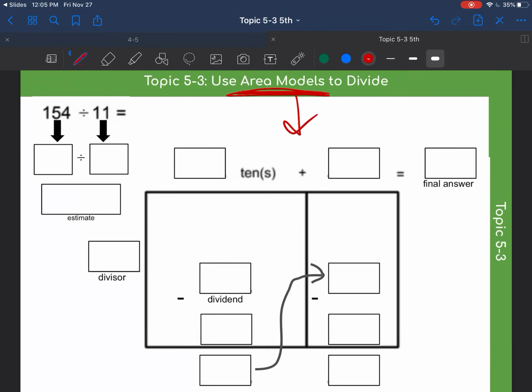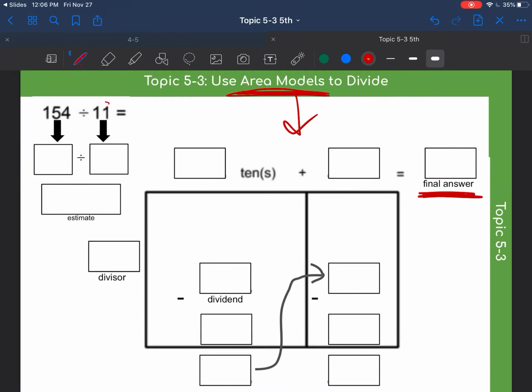Now I have this template laid out with a bunch of different labels so you know exactly where to put everything. But before we even begin this problem, just like any problem we would ever do, we first want to estimate. Because remember, when we estimate, it tells us if our final answer, which is going to be right here, sounds reasonable, okay? So I look at 154 divided by 11.